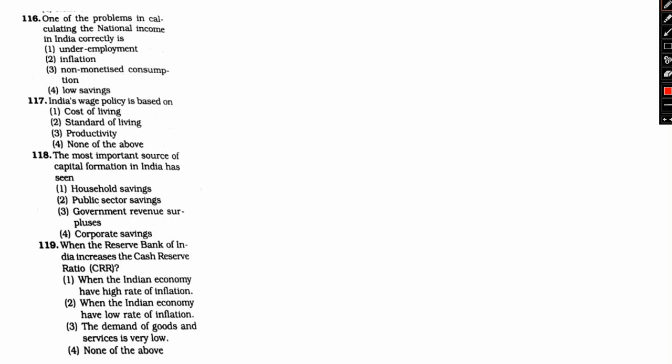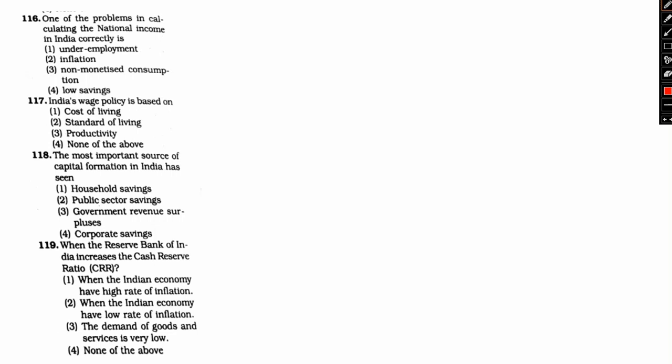Okay, so having said that, আমরা focus করবো question number 116 থেকে and we'll carry it through to question number 119. So start করি 116. One of the problems in calculation of national income in India correctly is, so national income India যখন calculate করা, এখানে main problem যেটা India face করে এটা হচ্ছে গিয়ে 1 underemployment, 2 inflation, 3 non-monetized consumption and 4 low saving.